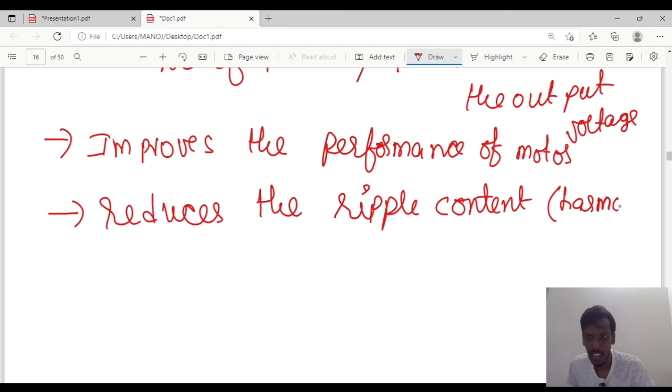It reduces the harmonic content. These are the advantages of three-phase DC drives.